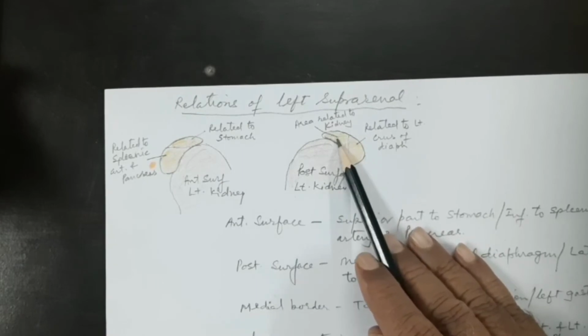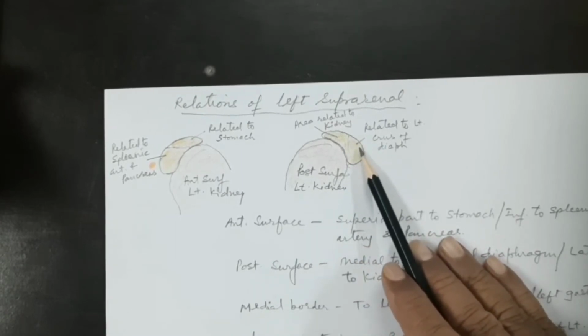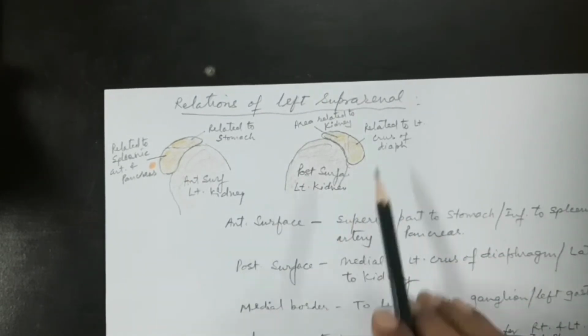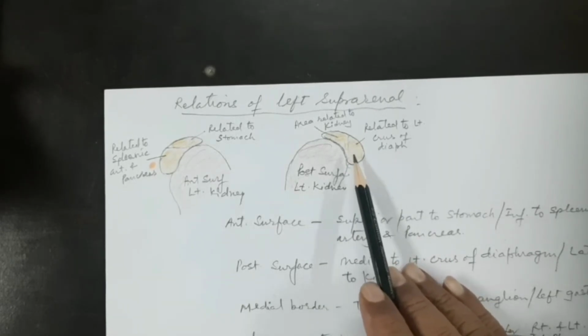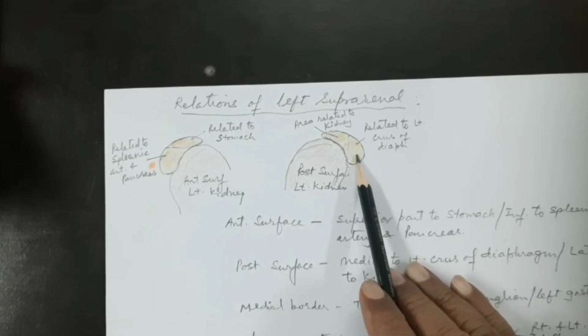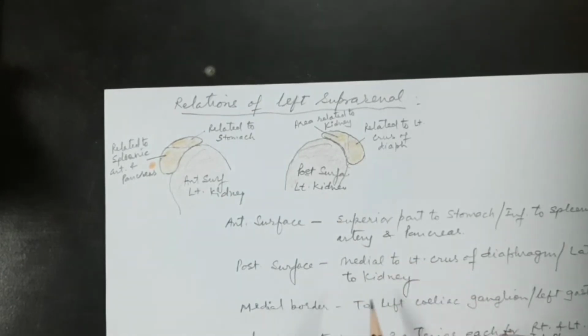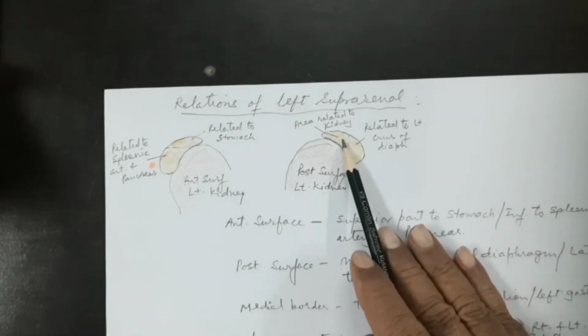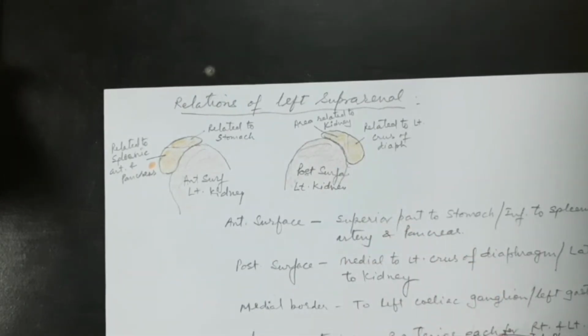But a large part of the posterior surface, that is the medial part, is related to the left crus of the diaphragm. It is related because it is the left kidney and left suprarenal gland, so the medial part is related to the left crus of the diaphragm, while on the posterior surface the lateral part is related to the kidney.